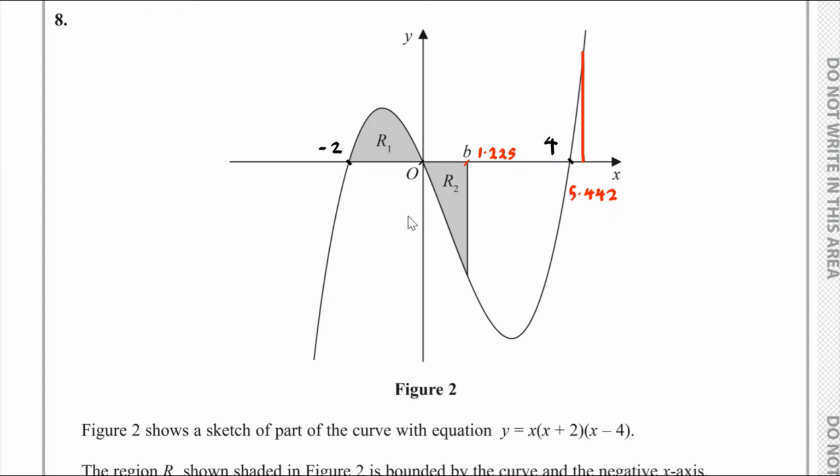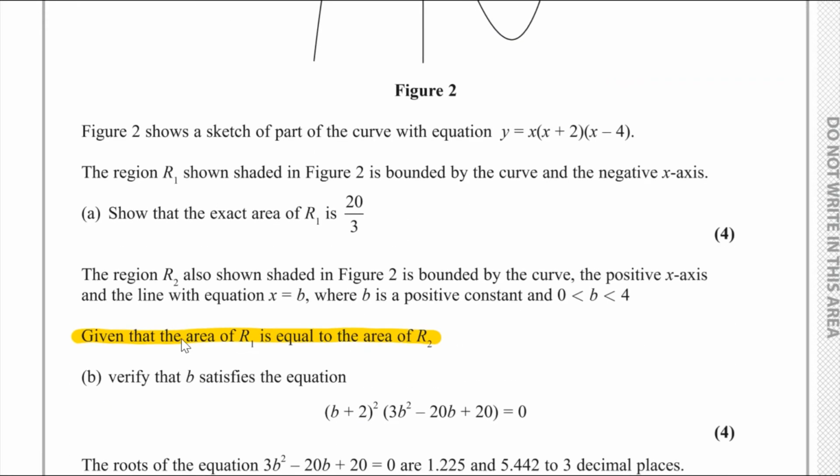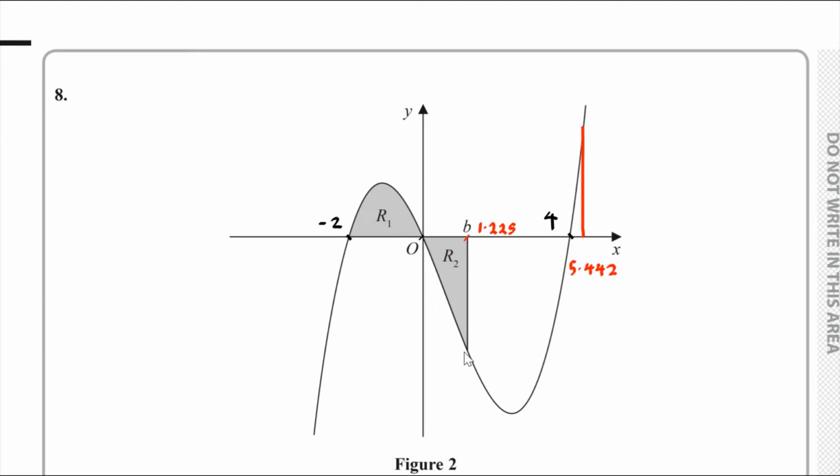Essentially, it's quite difficult to spot, but what we're saying over here is R1 equals R2. We were told that in the question over here. And because of that, the net integral will be 0. So in other words, if b isn't 1.225, let's suppose instead it's 5.442. The net integral, we still should know should be 0 because R1 equals R2.